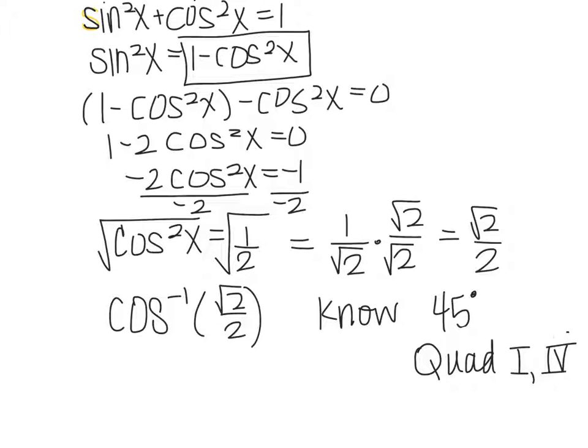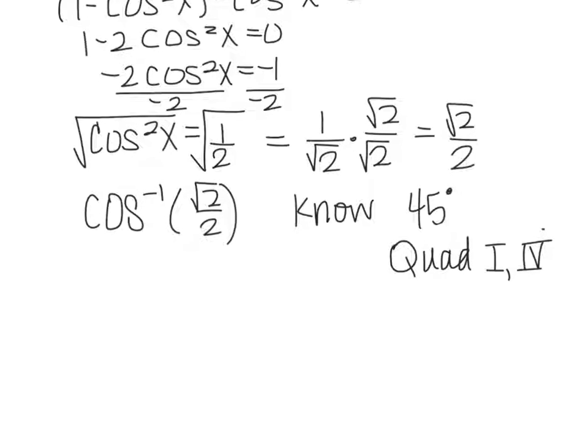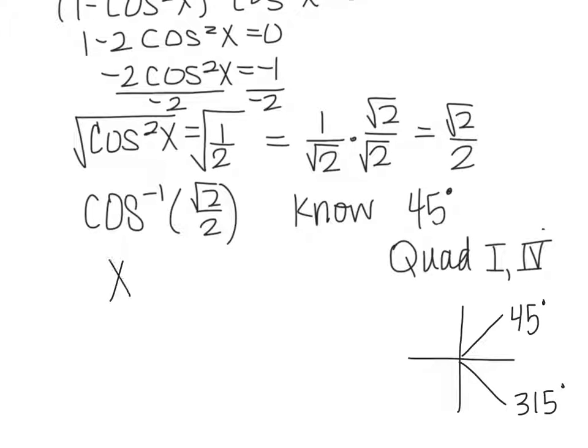So if I think about what the unit circle looks like, I know that I'm dealing with 45 degrees here, and I know that I'm dealing with 315 degrees here. If I go to the very top of this problem, though, I have found out that my answer is 45 degrees or 315 degrees.